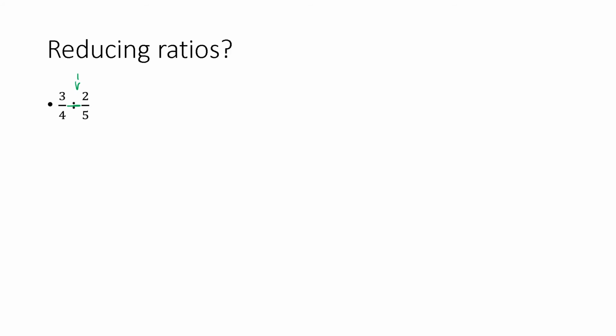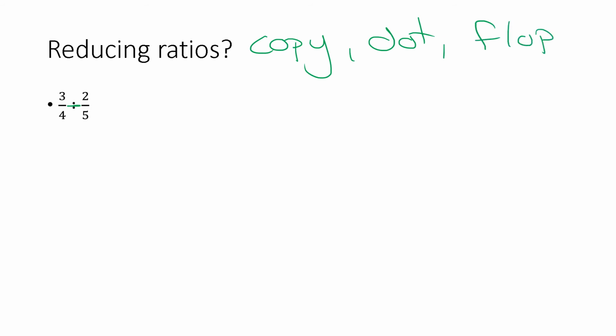So in order to reduce ratios that have 2 fractions, you will divide them. So we'll do 3/4 divided by 2/5, and hopefully you remember copy dot flop from the fractions part 2 lecture. We copy the first fraction, 3/4, dot, we change the division sign to multiplication, and then for flop, we flip the second fraction upside down on his head.